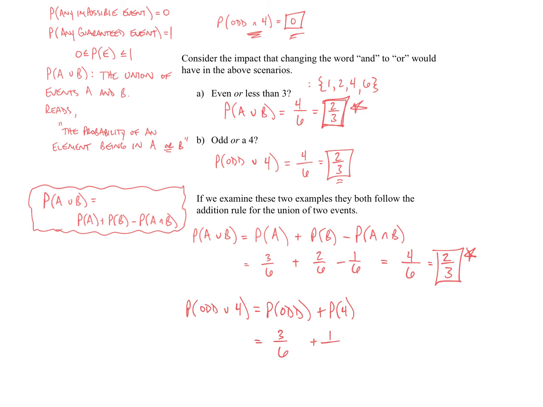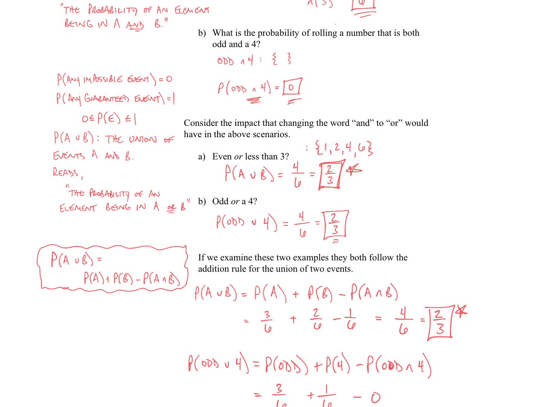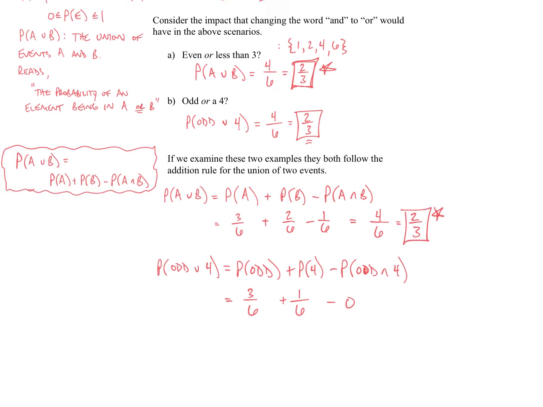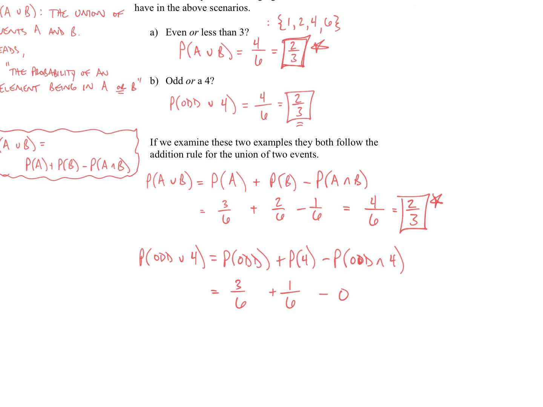There's only one number in that whole group that's a 4, minus the probability of a number being odd and being a 4. And that was an impossible event, right? We found that it is impossible to be both odd and a 4. And so if I add those and subtract 0, I get 4/6 or 2/3. Same thing I got when I saw the values.